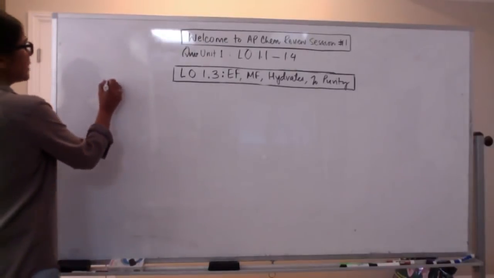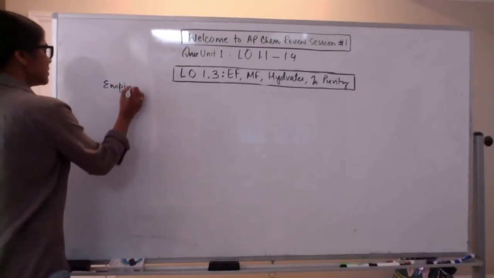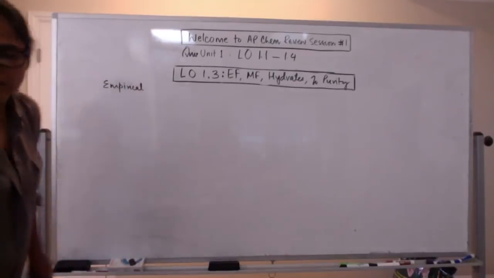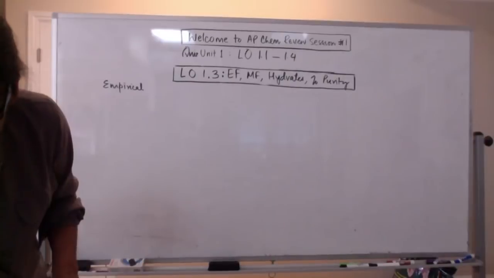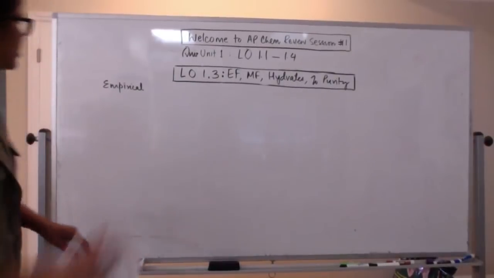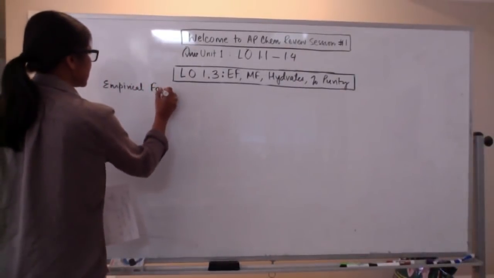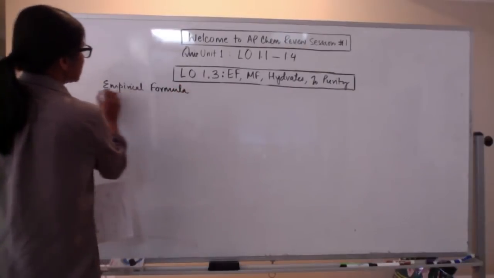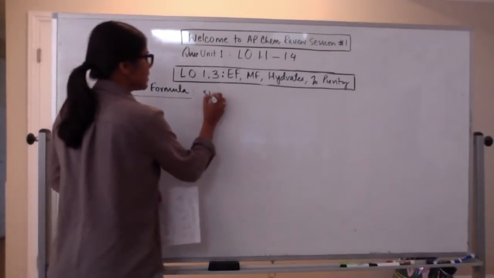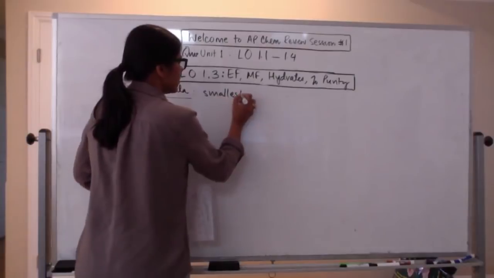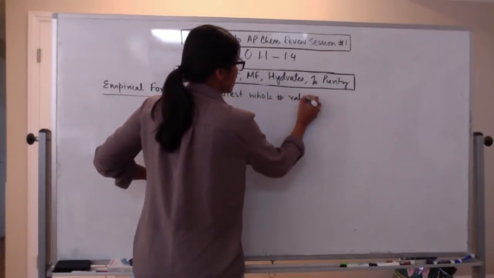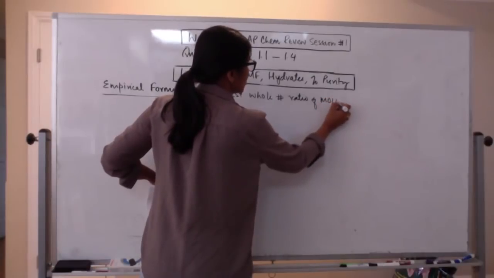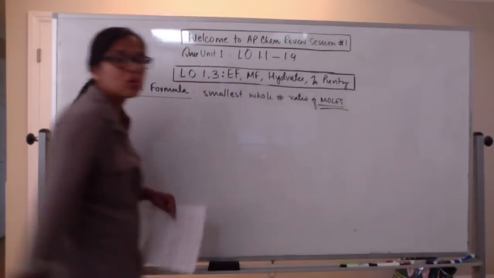So, empirical formula is the smallest whole number ratio of moles. Remember, it's not mass, it's moles.